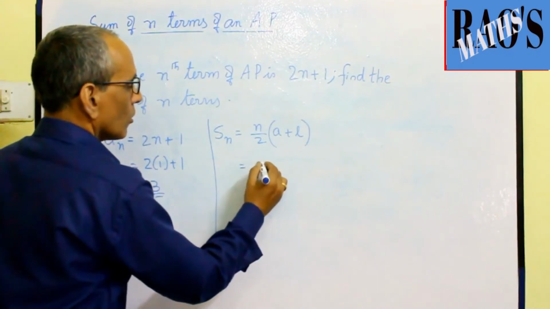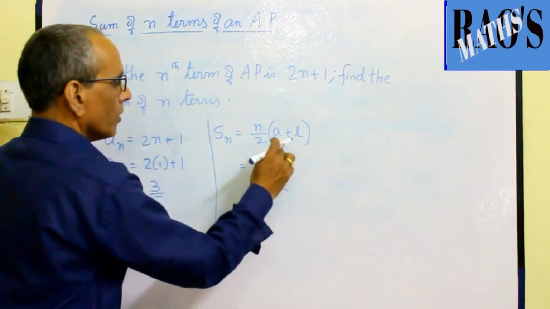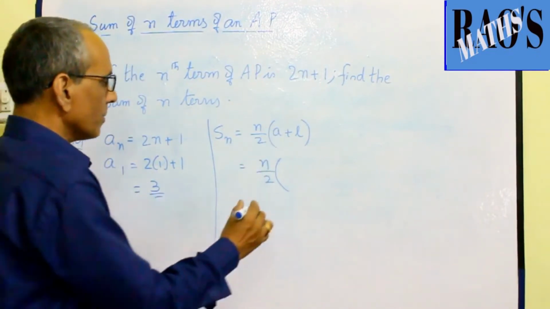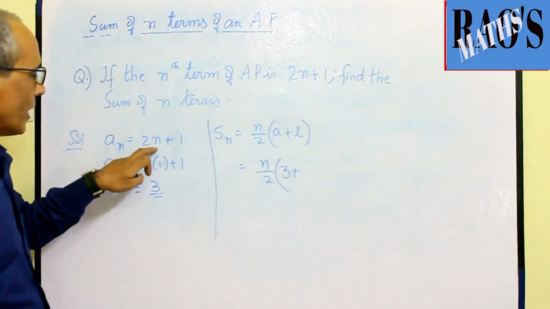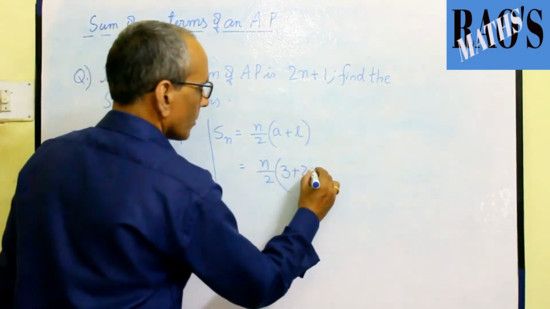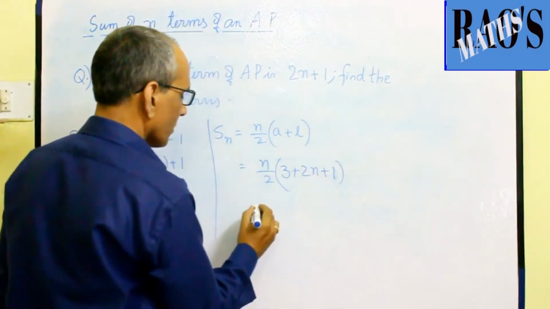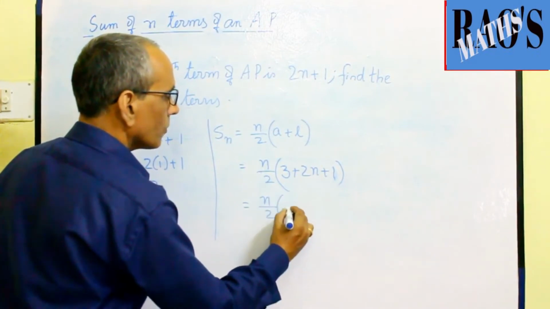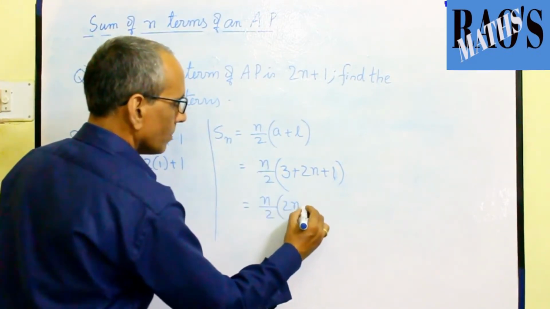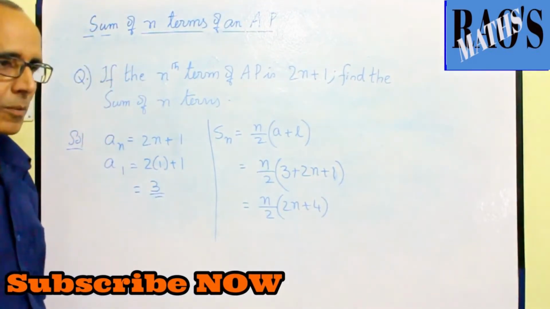We don't know how many terms, so n by 2 of (a, which is 3, plus L, the nth term, 2n plus 1). Okay, let's simplify. n by 2 of (2n plus 4).